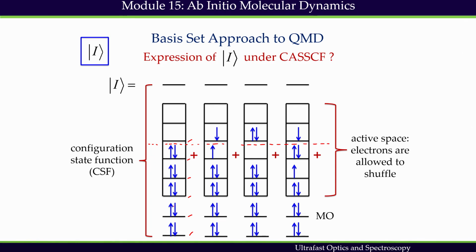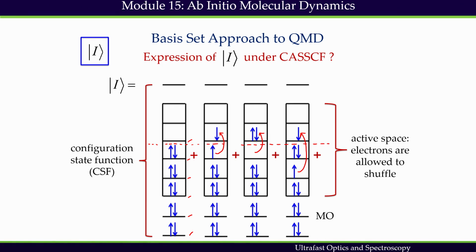So this represents one configuration. In the second configuration, we have excited one electron from this to the upper orbital. We have double excitation, and then we have low-lying orbital excitation as well. There are many other excitations one can include in this.